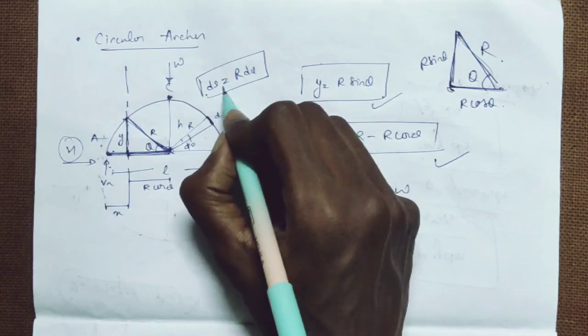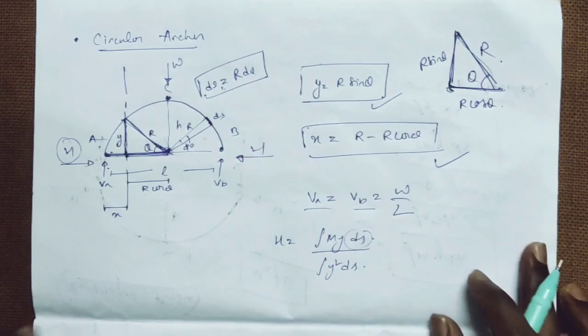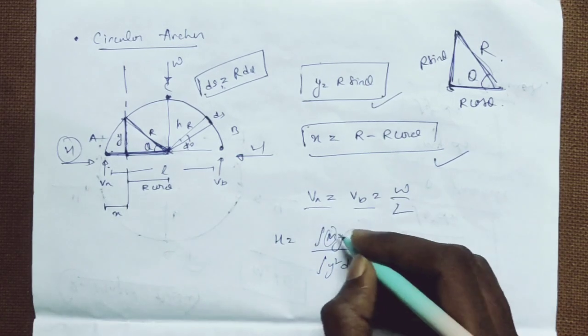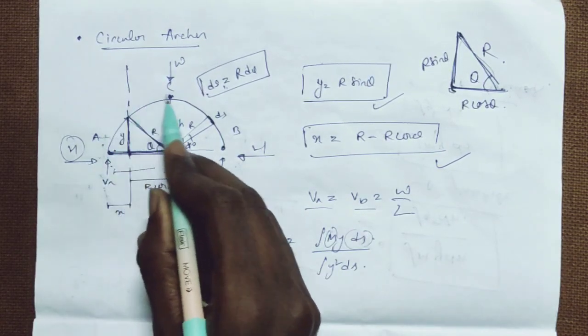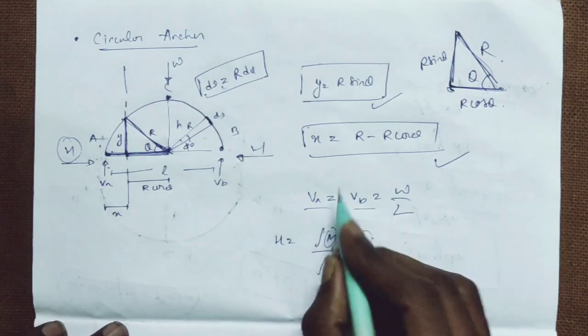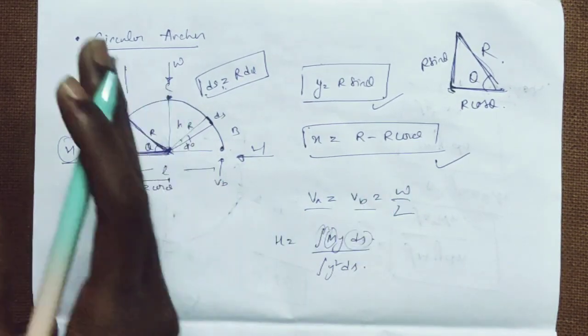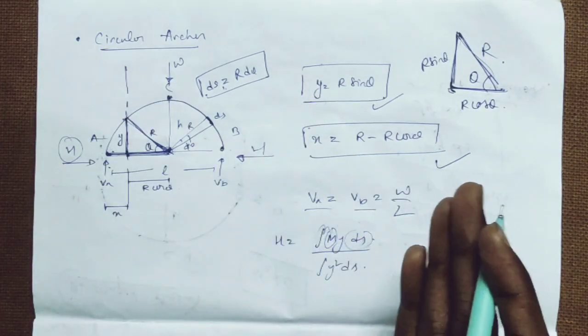So we will use this in the formula. We first have to find M, the moment of this whole arch, so that's why we are using integration. We'll find M for a section and integrate that.